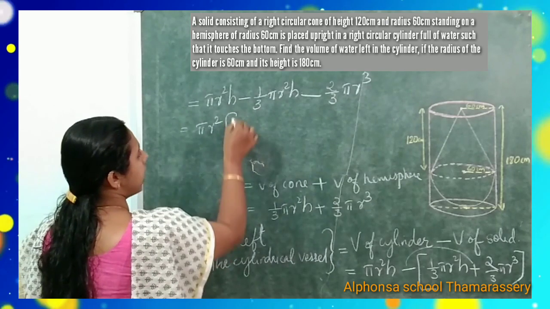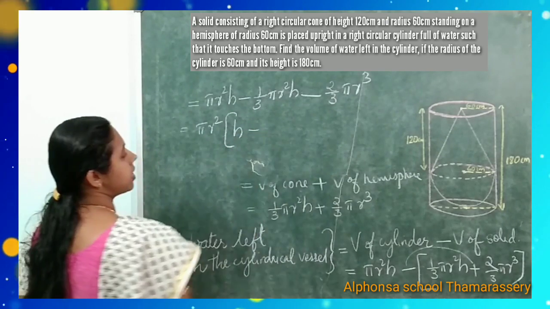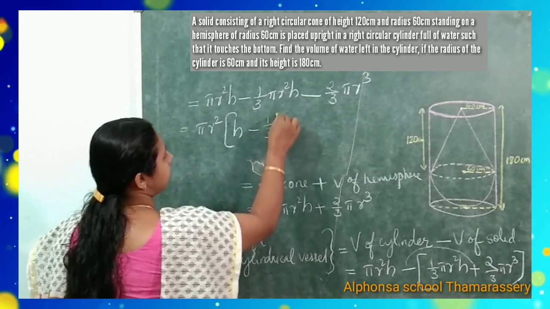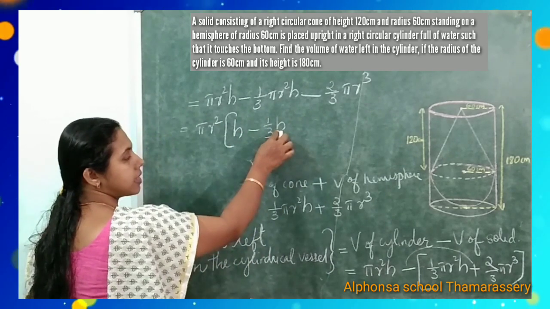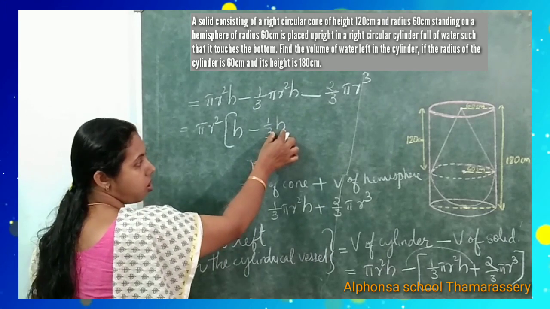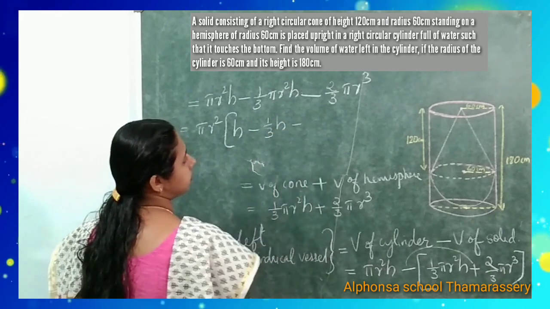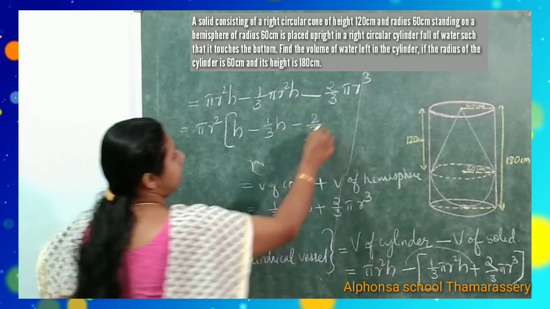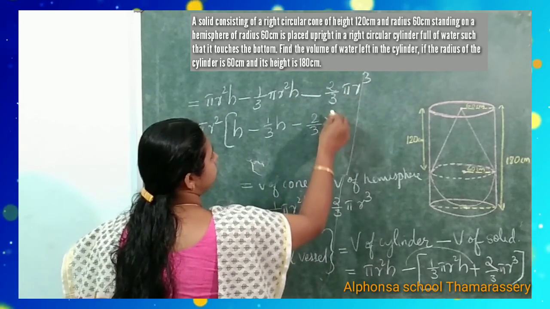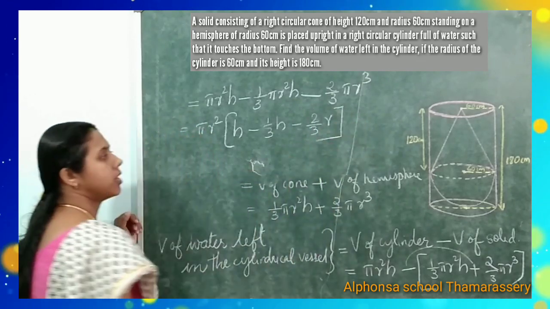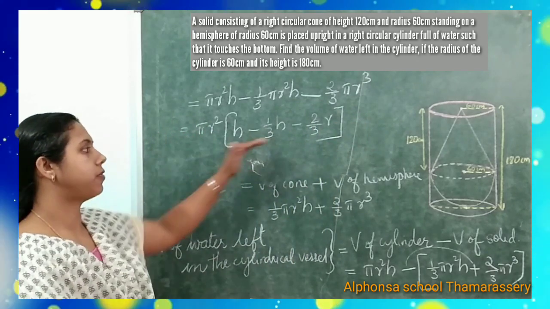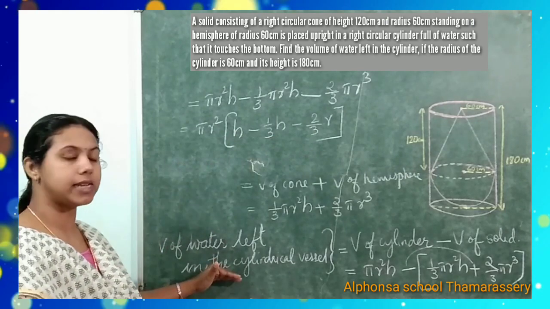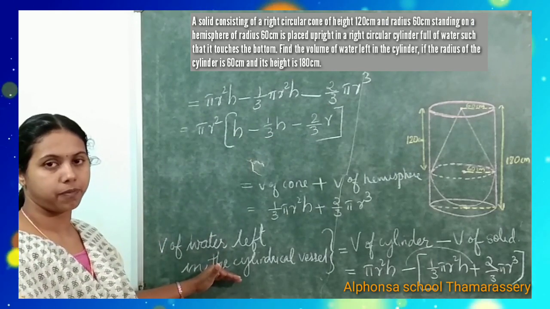Then here height of the cylinder minus 1 by 3, this h is the height of the cone, minus 2 by 3 r. Now we can substitute the values, you will get the volume of water left in the cylindrical vessel.